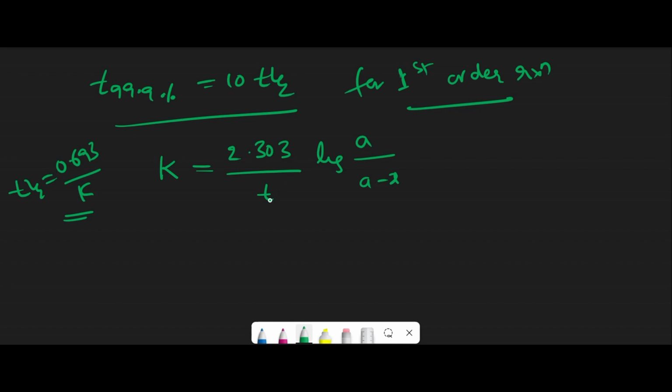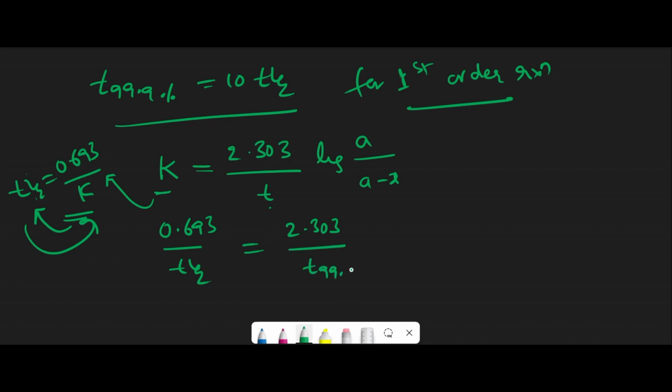Here I write k as 0.693 by t half. So instead of k, I write 0.693 by t half is equal to 2.303 by t, where t is taken as t 99.9, log a by a minus x.